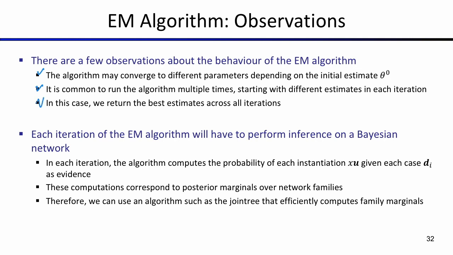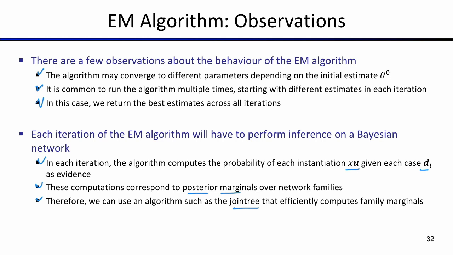The second observation is that each iteration of the EM algorithm will have to perform inference over the Bayesian network. It means that we need to compute the probability of each instantiation, xu, given the complete case di that is used as evidence. These computations correspond to what we call the posterior marginals over the network families. An efficient way to compute this is to use the join tree algorithm, because it gives us the marginals over all the families in the Bayesian network.